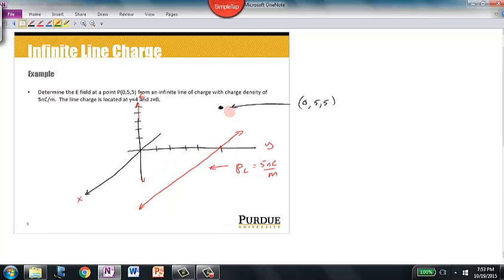That means the cylinder that we're looking at is going to be oriented in this direction right here. So the cylindrical coordinate system that we're interested in is going to be oriented along the x-axis.